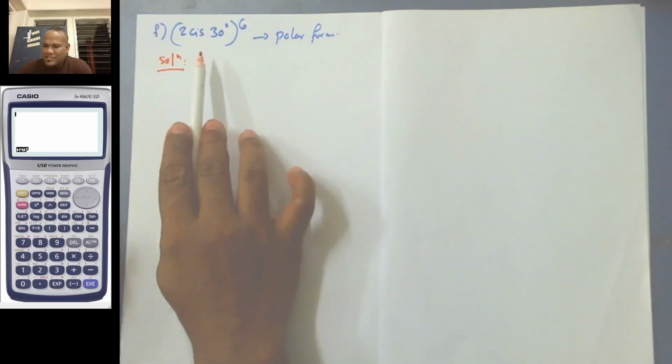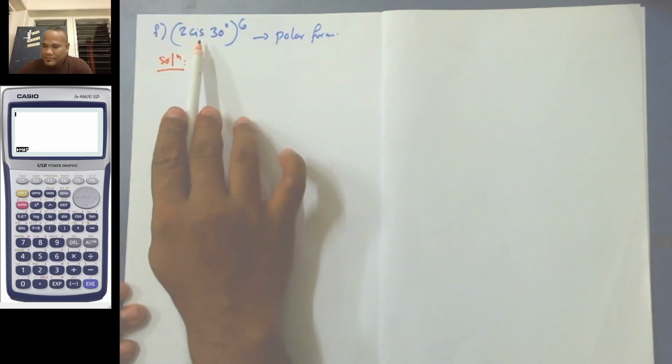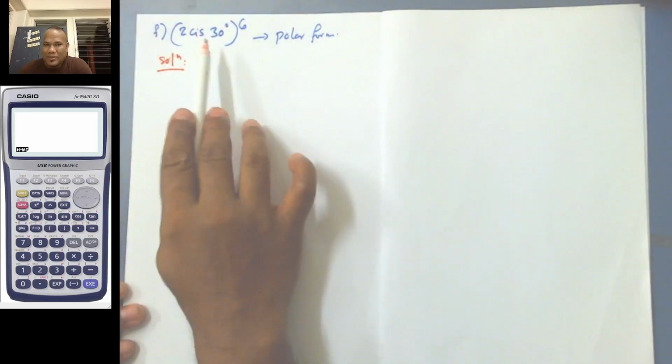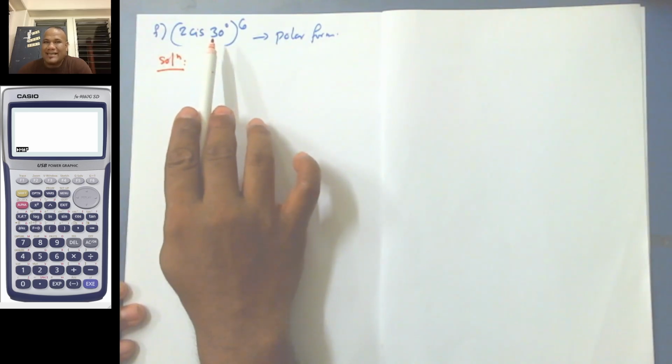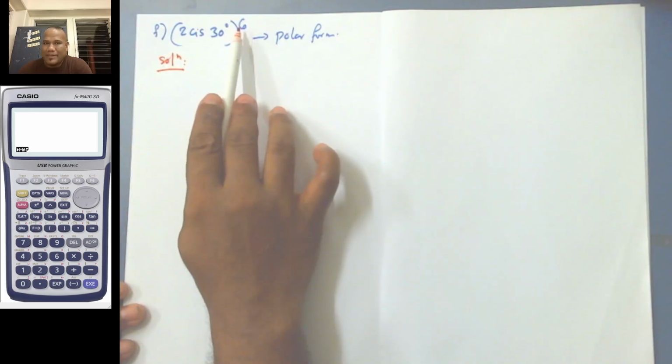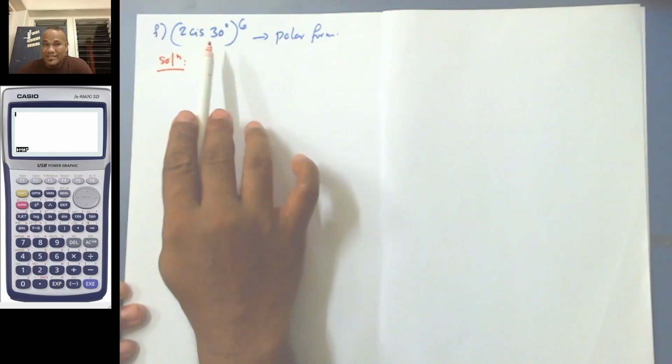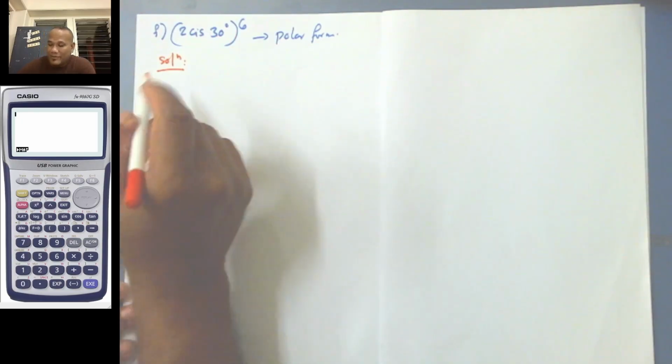when a complex number is given to you in polar form and this polar form is raised to any power, then I will rewrite it in polar form.